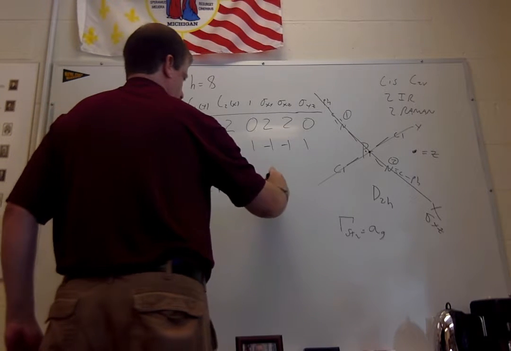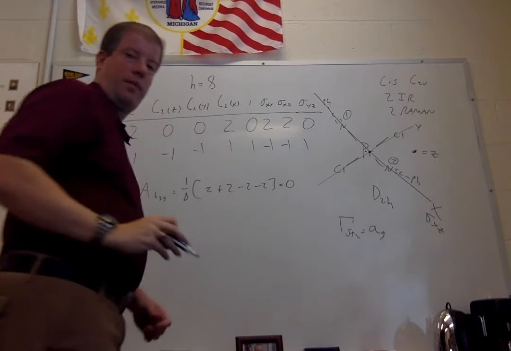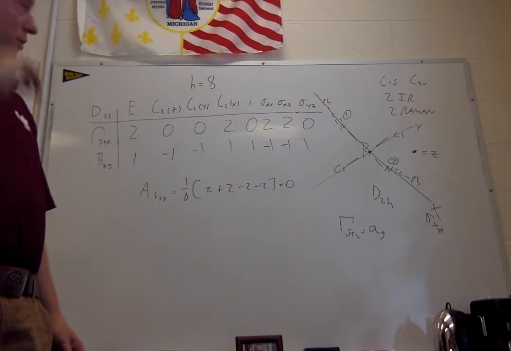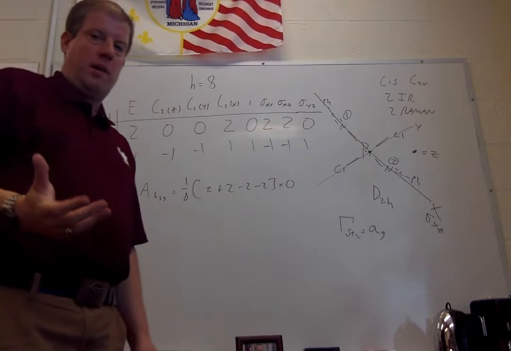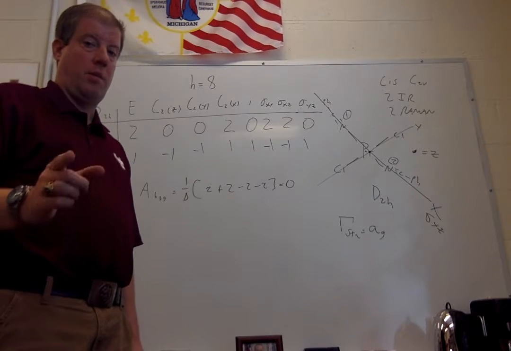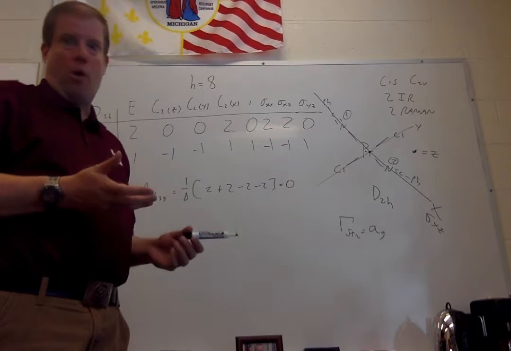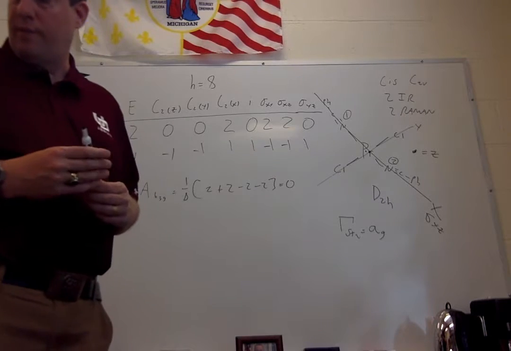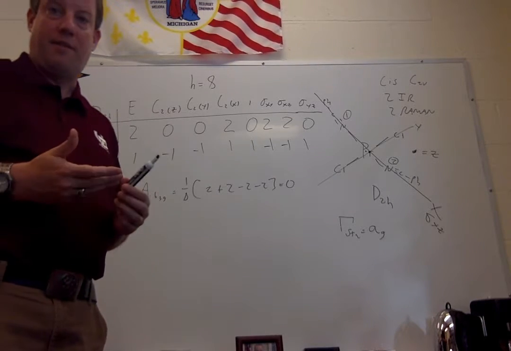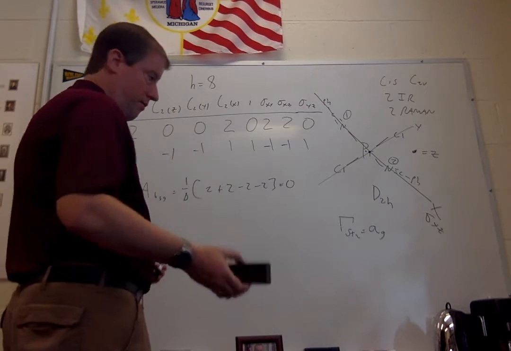Minus 2, minus 2. 0 doesn't appear. So far, we're striking out. But because the totally symmetric one, the first one, contributed, and that's usually going to be the case, there's only one more of the other 7 that are left that's going to contribute. So chances are when we find it, it'll be the right one.